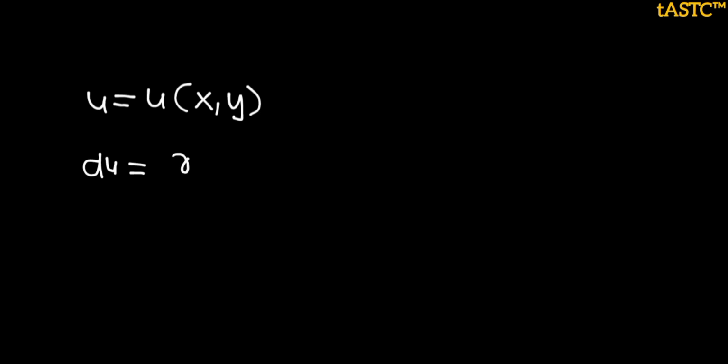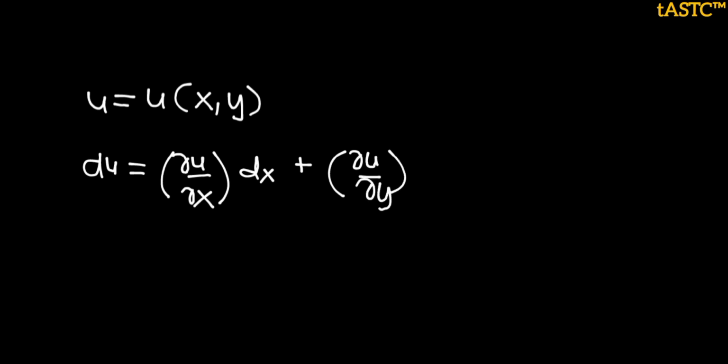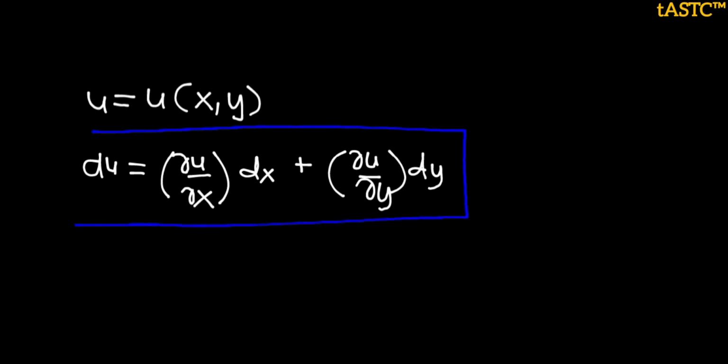So that is going to be partial u, partial x, multiplied by the natural derivative of x, dx. You need to add that to the partial derivative of u with respect to y, multiplied by dy, that is natural y.